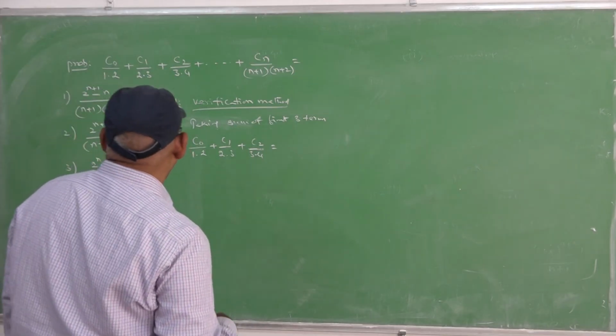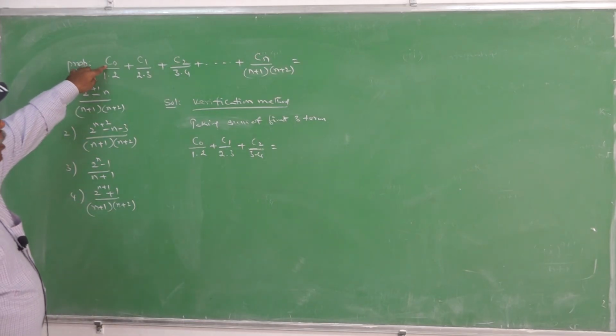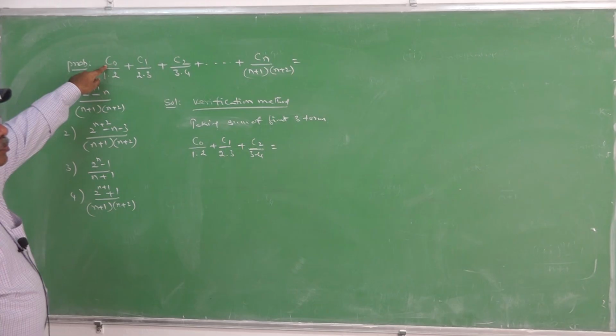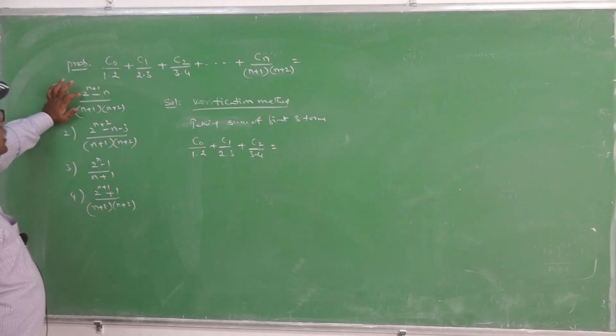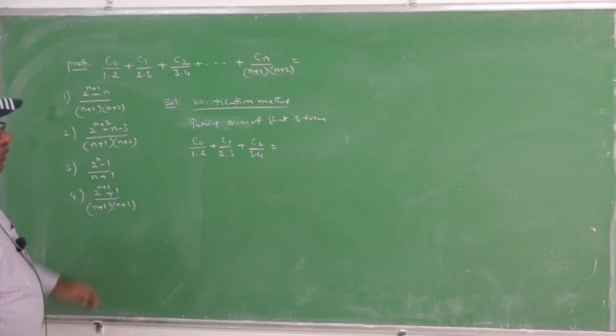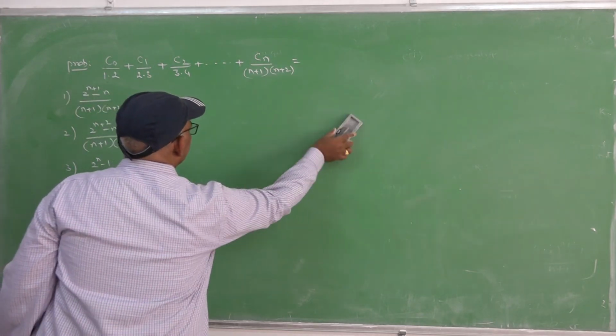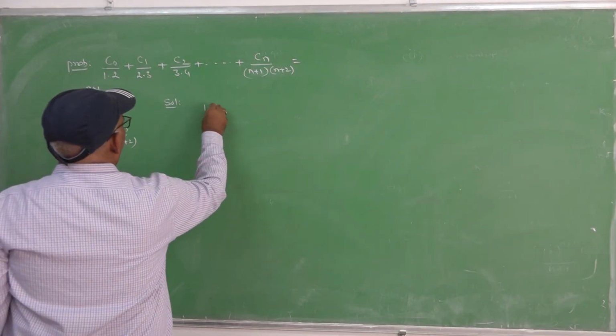Otherwise, you take the first term and verify, or go through the general procedure. If it is taking confusion, a general procedure is also a very easy method.